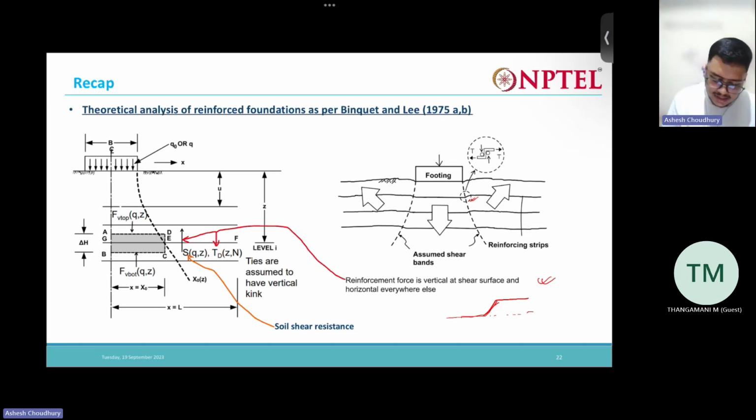Due to that, we consider that this T is acting only at that point, in the vertical direction. The dotted line here also represents the variation of our shear stress. You can see that at this level we have the maximum shear stress. So this kink makes T_D vertical. That's why it is acting in the vertical direction.